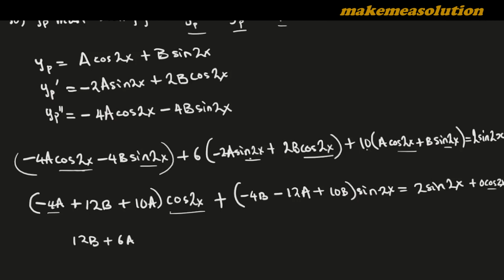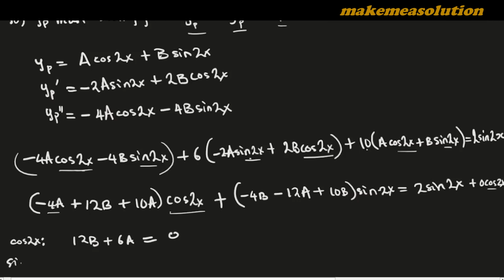Okay, that's the coefficient of cos 2x on the left hand side. So cos 2x on the left hand side is 12b plus 6a, and on the right hand side the coefficient is 0.